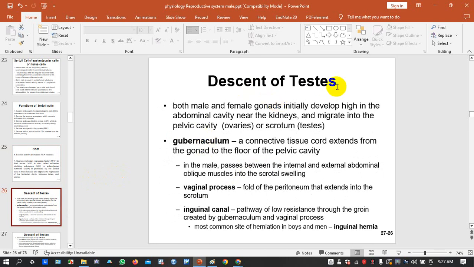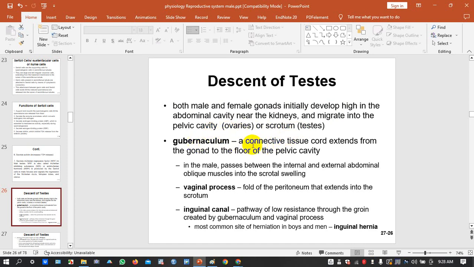So, descent of the testes. Both male and female gonads initially develop high in the abdominal cavity, near the kidneys, and kidneys are located in the abdomen. The testes are produced in the abdomen, but they need to descend into the pelvic cavity. The ovaries are also produced in the abdominal cavity and need to descend into the pelvic cavity.